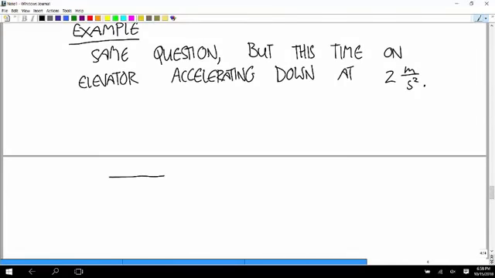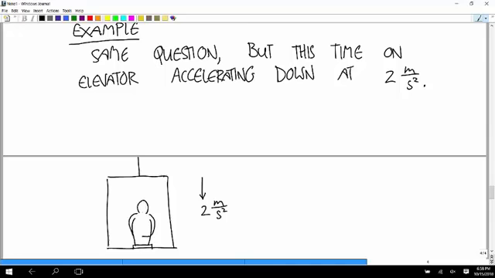Okay, so here's the elevator. It's accelerating down at 2 meters per second squared. And on the elevator is a scale. And here's the man. You probably shouldn't ride an elevator in your underwear like this. Okay, so what's the force applied to the man by the scale?